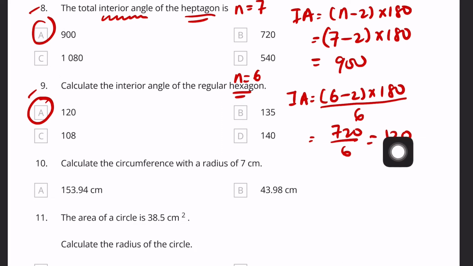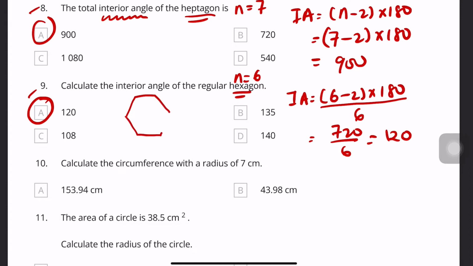You know what a regular hexagon looks like. It looks like this. So 720 is the total of these 1, 2, 3, 4, 5, 6, the sum of the 6 angles. And this question is just interested in finding one value over here.